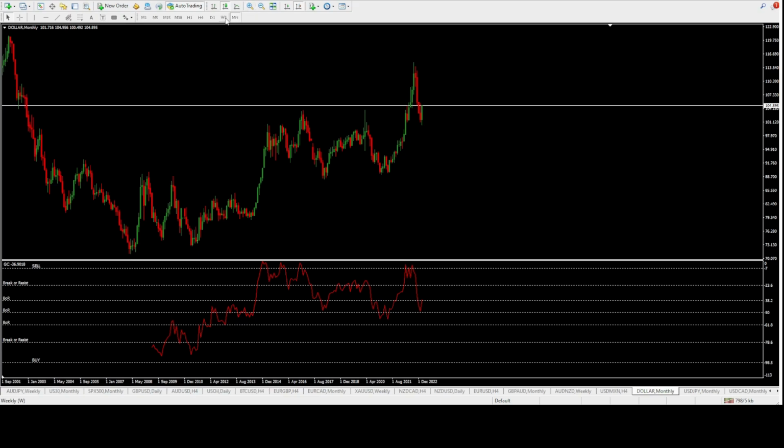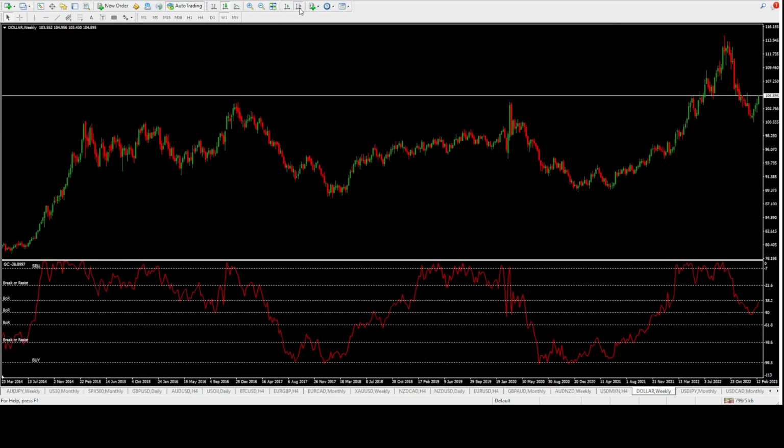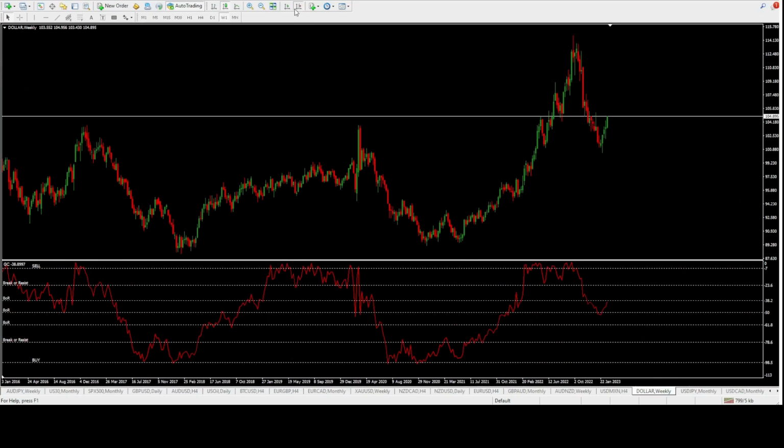So that's a bullish market, when we're talking about inflation and interest rates. Interest rates drive the market, right? So we definitely want to go with what these interest rates are going with.